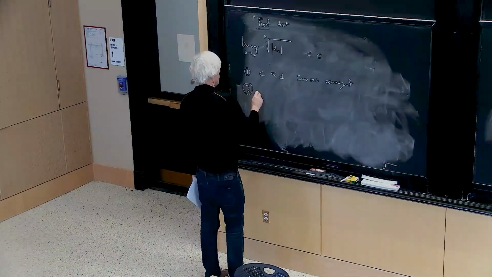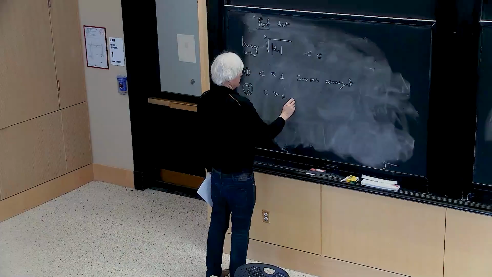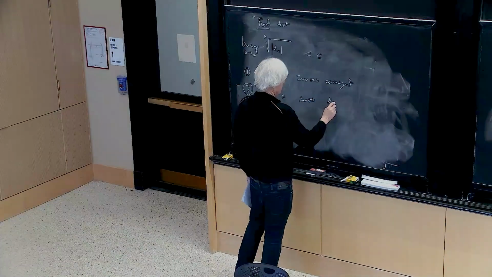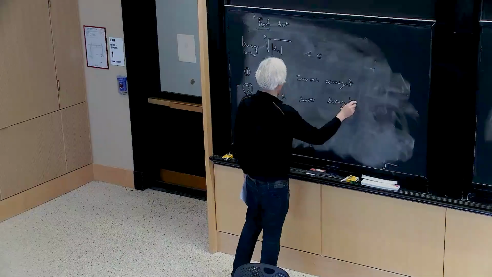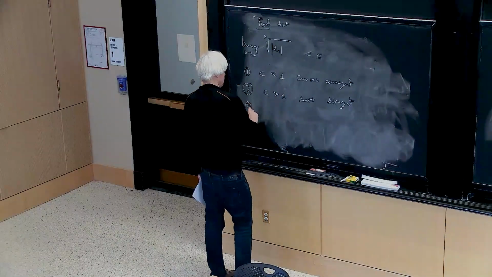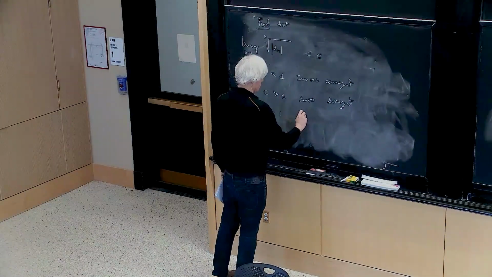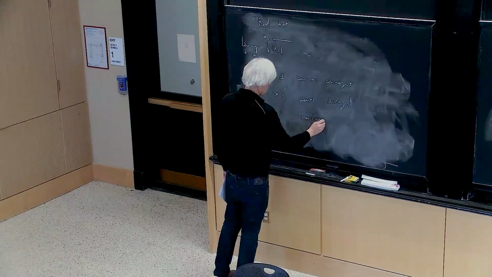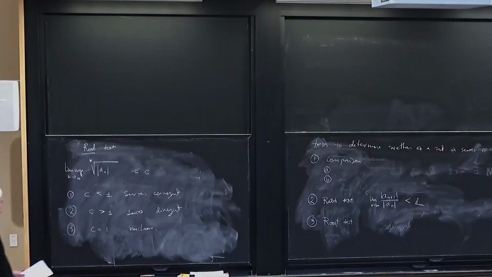If c is bigger than 1, the series is divergent. It fails the most basic test. And if c is equal to 1, then it's unclear and further tests are needed. Okay, those were the two tests.